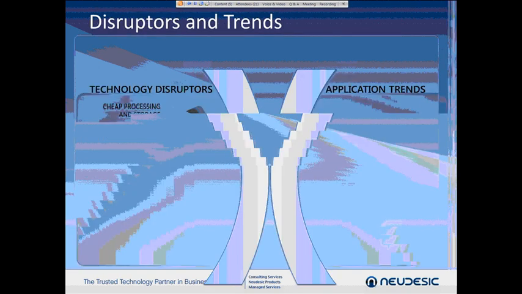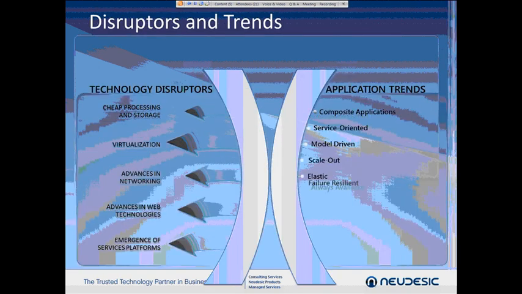If we look at some of the disruptive aspects that have enabled these trends, what you see on the left is that the cost of computing has gone down drastically.